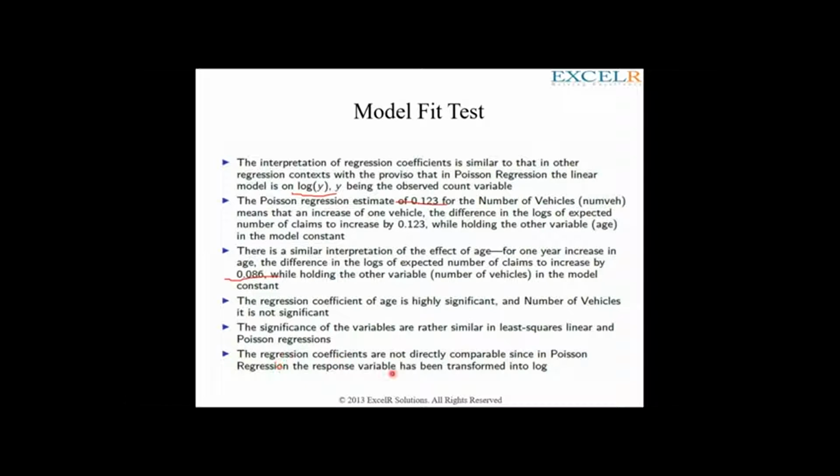The regression coefficients are not directly comparable since in Poisson regression, the response variable has been transformed into log. So you cannot compare, though they are the same, right? The significance of the variables, both in your linear and Poisson, is the same. However, you cannot compare these two for the only reason that the values or the outcome of your Poisson regression will be transformed into log.